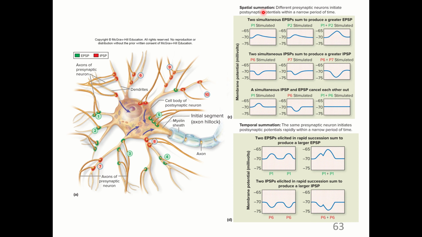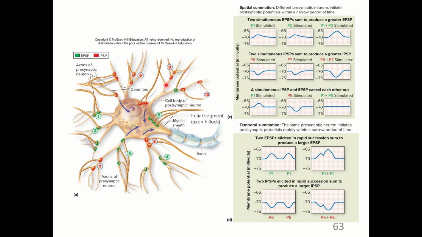In spatial summation, different presynaptic neurons initiate postsynaptic potentials within a narrow period of time. Here we have P1, P2, and P1 plus P2. So notice that P1 and P2 are connected to different areas of the postsynaptic neuron.